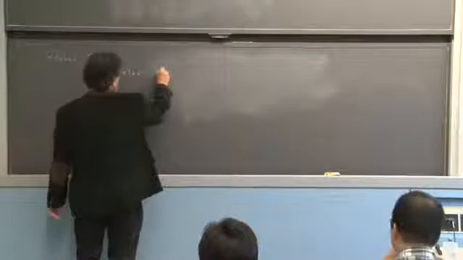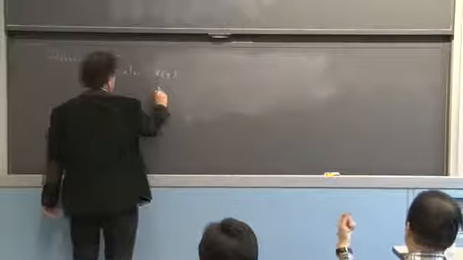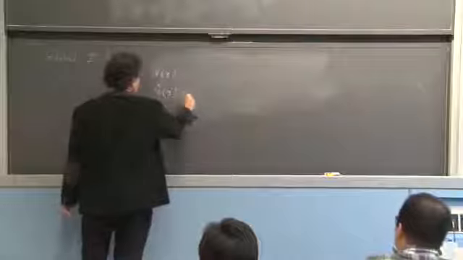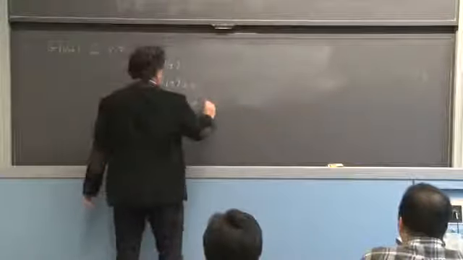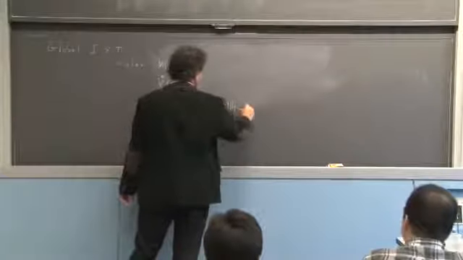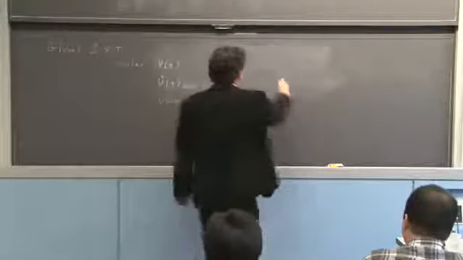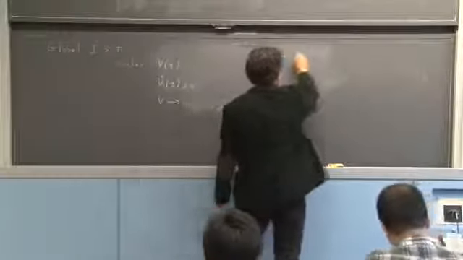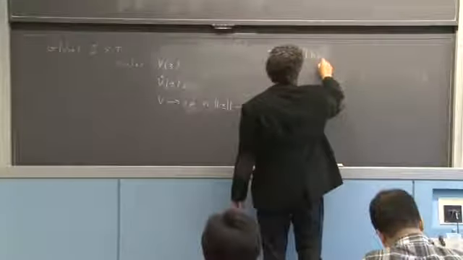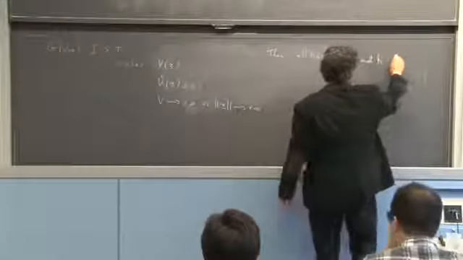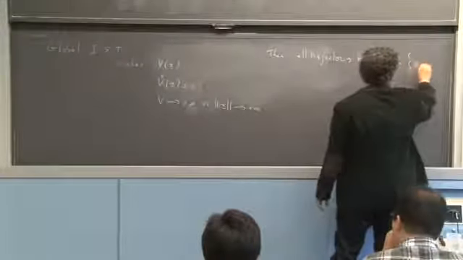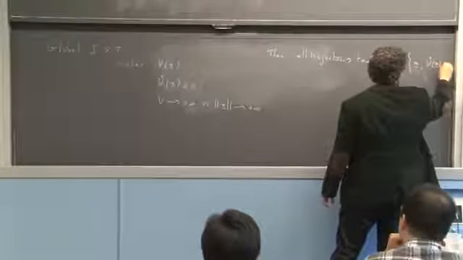The global invariant set theorem was saying, if you can find a scalar function V of x such that V dot of x is always negative and V tends to infinity as x tends to infinity, then all trajectories tend to the set R, which was defined by V dot equals 0.